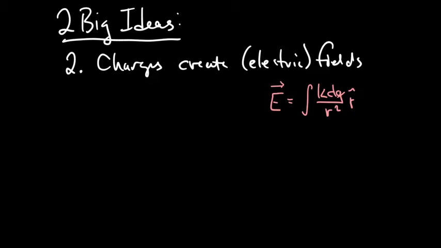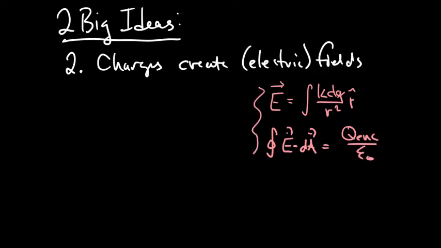Or we've used Gauss's law and said the electric field dotted with the area is equal to Q enclosed over epsilon naught. There's been two ways that we've done this, and there's going to be two ways that we do it for magnetic fields, but again, we have to add in the qualifier that moving charges create magnetic fields.